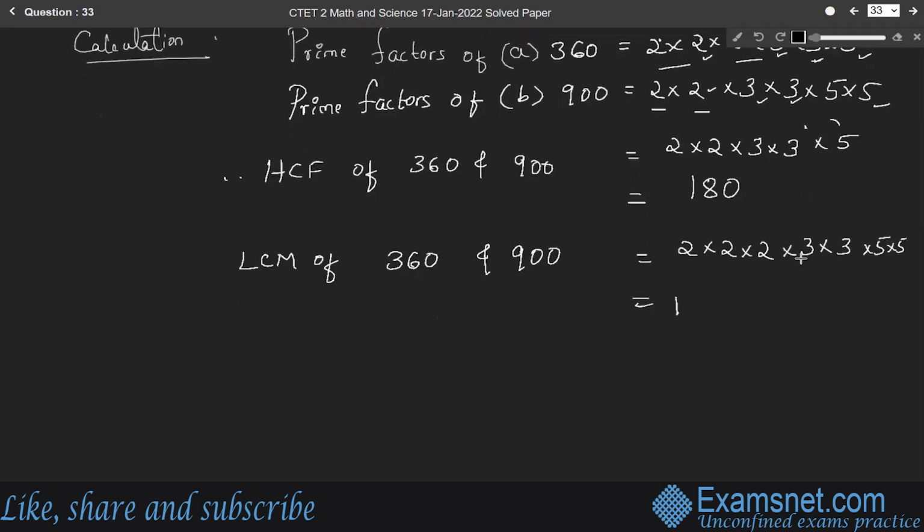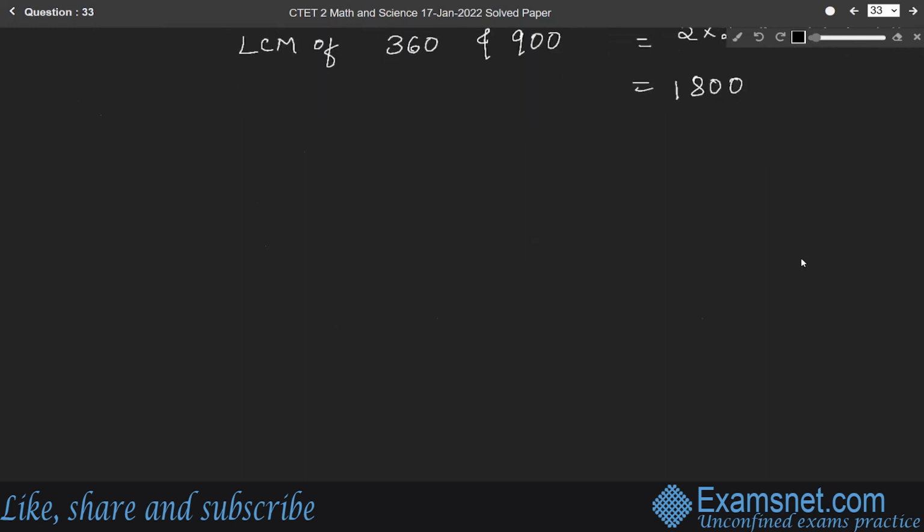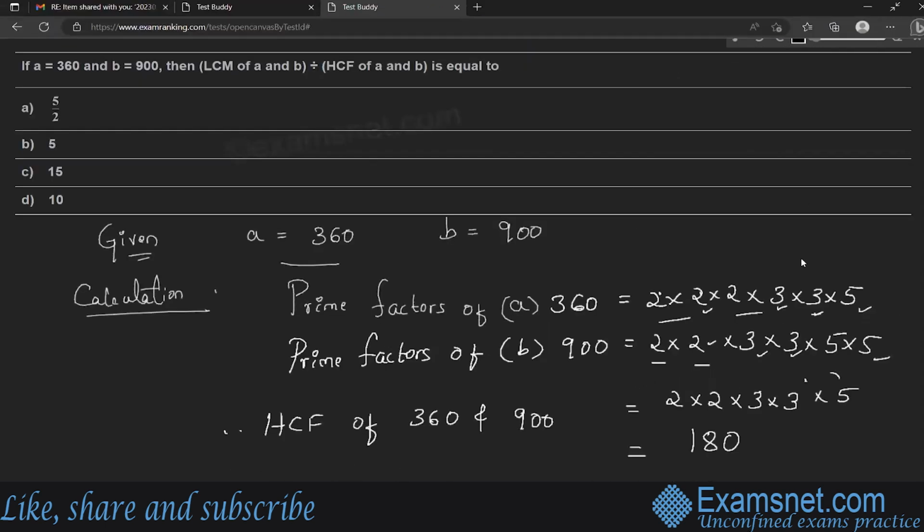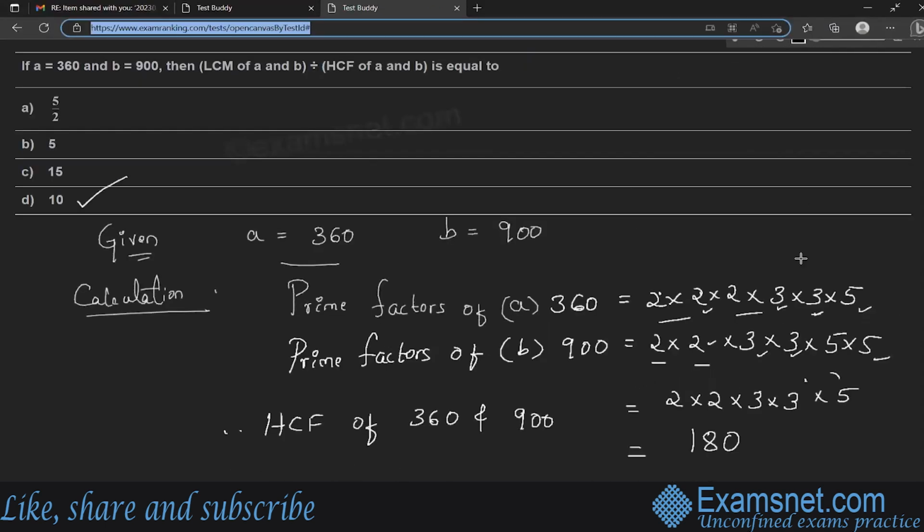Therefore, it is 1800. Therefore, LCM divided by HCF is 1800 by 180, which is 10. Therefore, the answer is option B.